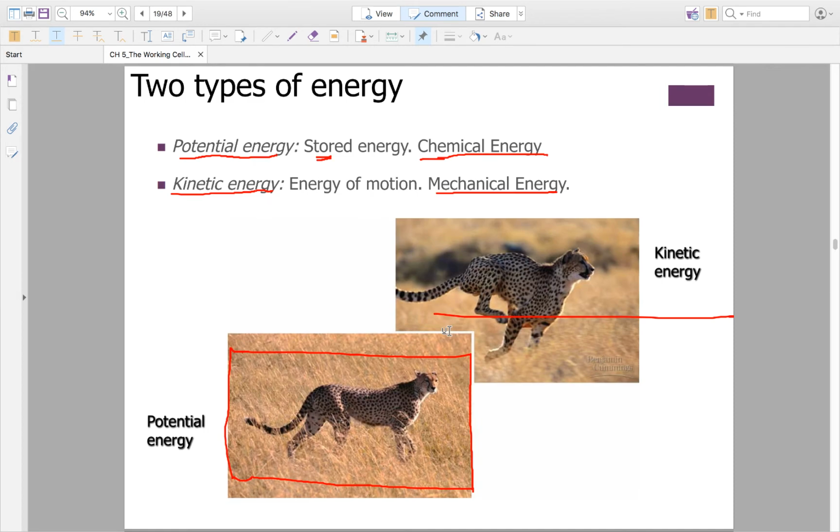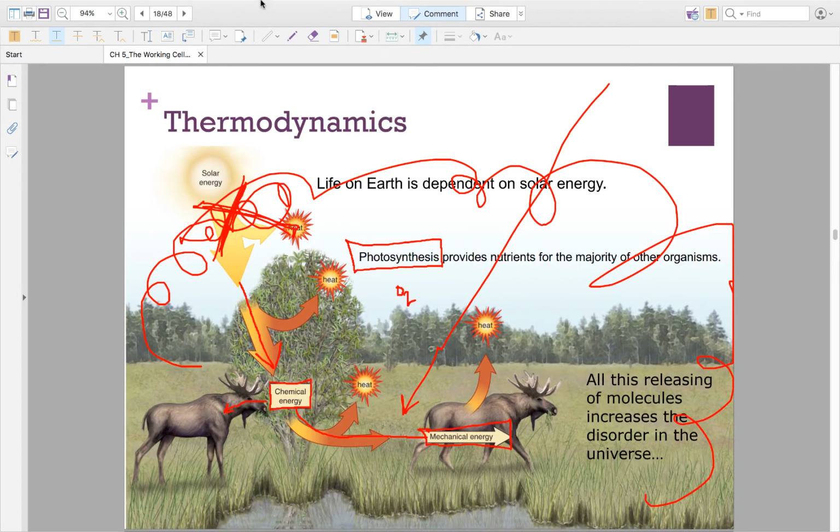So if we go back to this, I know I drew all over it and it's a little bit of a mess, but let me kind of go backwards here. If you look at this picture in your textbook or in the slides, I want you to pay close attention to the first law of thermodynamics. It says energy cannot be created or destroyed, right?